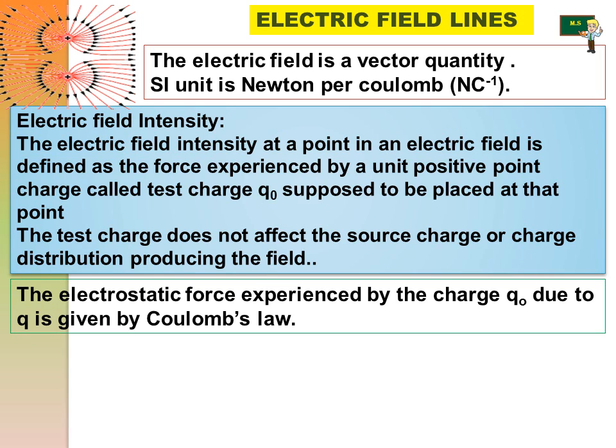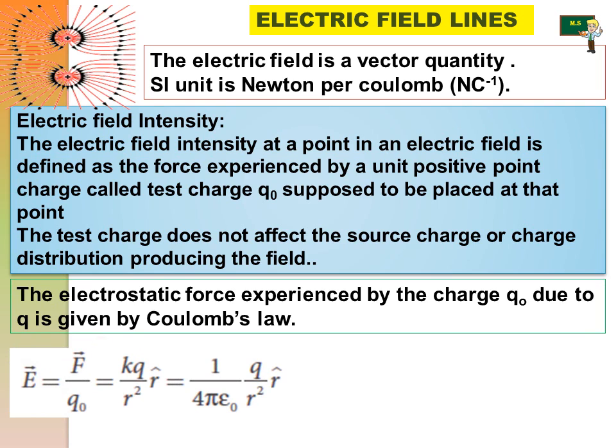The electrostatic force experienced by the charge Q0 due to the original charge Q, where Q0 is a test charge and Q is the original charge, is given by Coulomb's law. Therefore E is equal to F divided by Q0, which is equal to KQ divided by R square into R cap, or 1 by 4 pi epsilon 0 Q by R square into R cap.